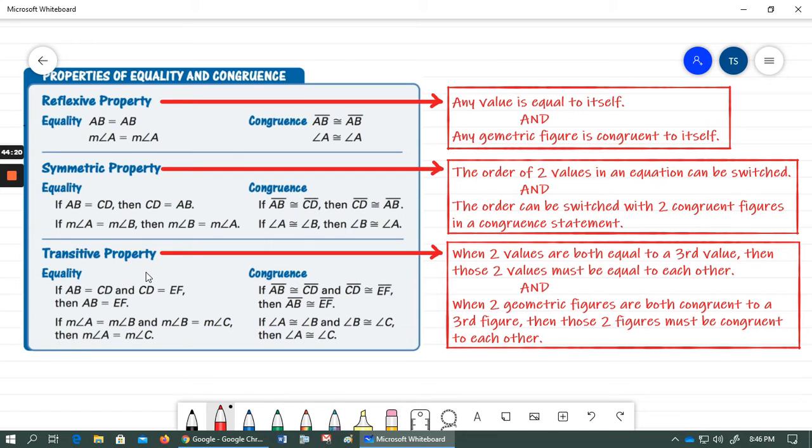It can be used as a property of equality, or it can be used as a property of congruence.